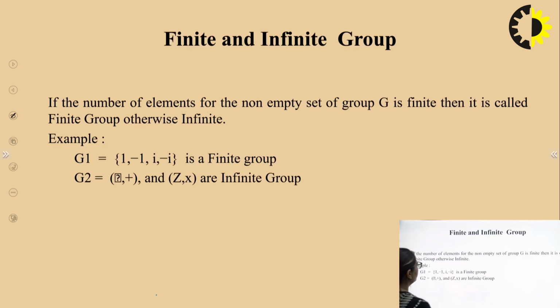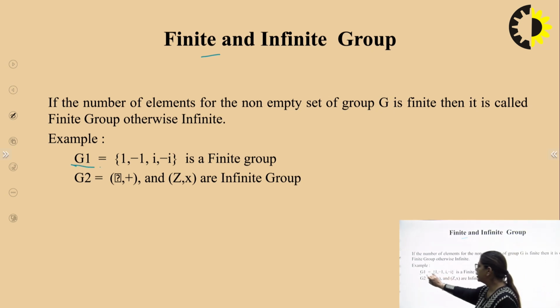Now, finite group or infinite group. Finite group means the elements in that algebraic structure are countable, that is, a finite number of elements are there. And if an infinite number of elements are there, then it is called an infinite group. Let's check the example.